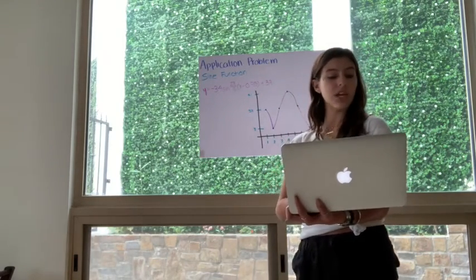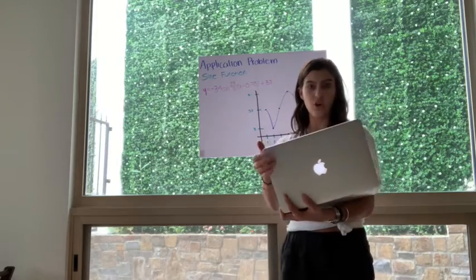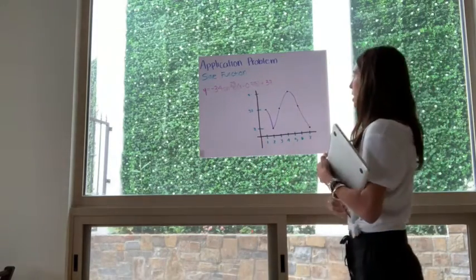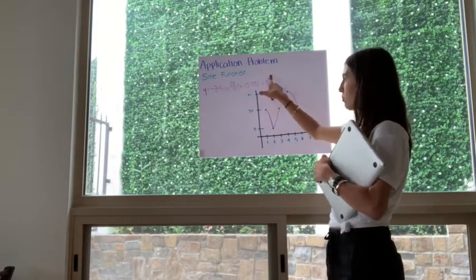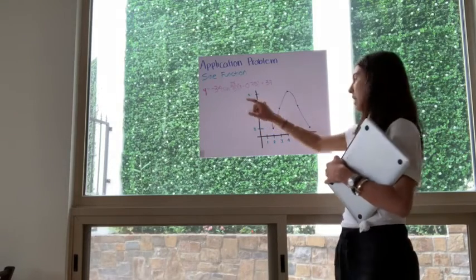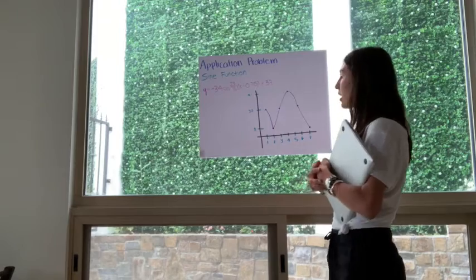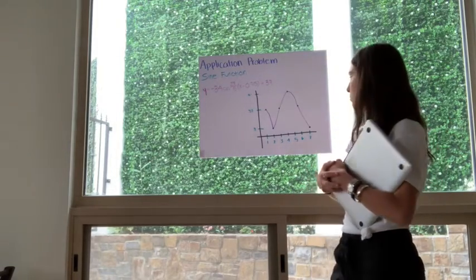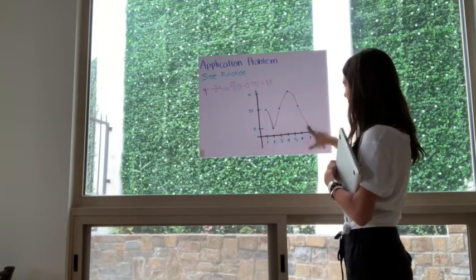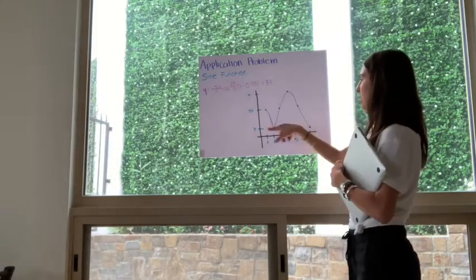Draw a graph showing the depth of the water and write a function. So here we can see the equation representing all the numbers that the problem has and the graph, and we can notice that it is a sine function because of the shape of the graph, which is like an N shape.